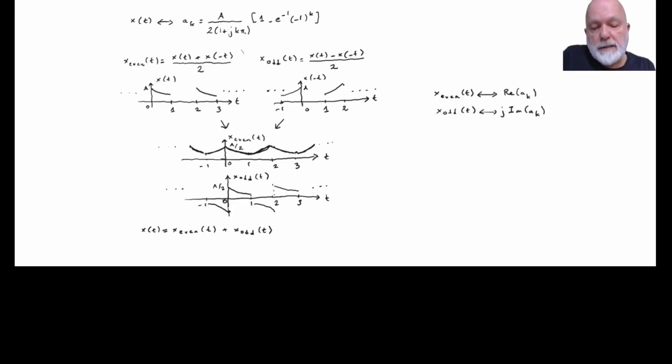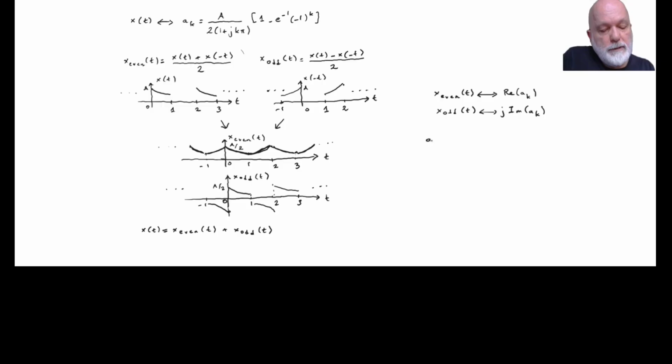The only complex quantity here is in the denominator, which is 1 plus j k pi. Now, we can multiply and divide a_k by the conjugate of 1 plus j k pi.